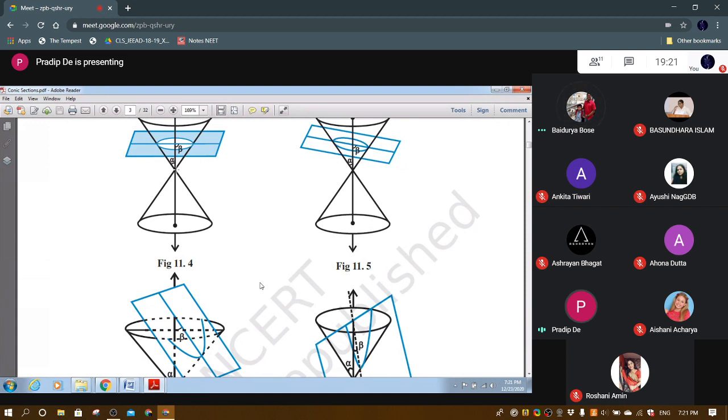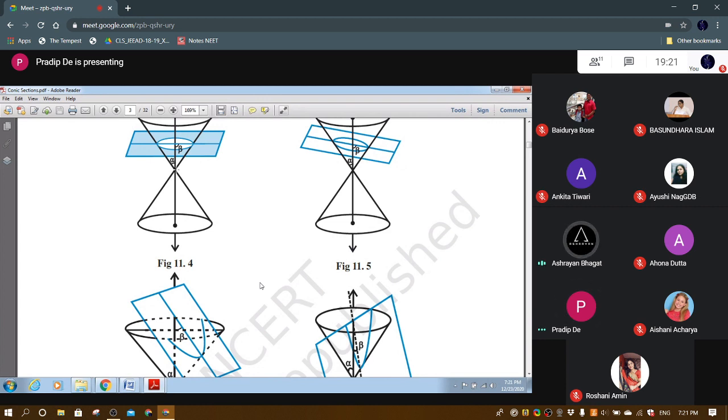A point. Correct. Now, is it only for beta equal to 90 or some other cases also? Will you get a point only when beta equals 90 and the plane passing through the vertex? Or there are some other cases also?